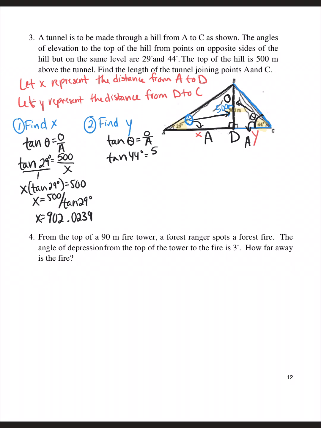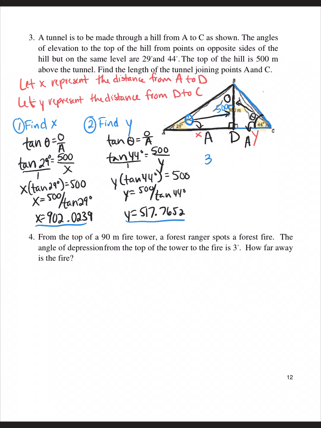Our opposite side is still 500, but now our adjacent side is y. So we'll put that over 1, and then we're going to cross multiply to solve. So we'll divide both sides by the tangent of 44. And we will get that y is equal to 517.7652. So we found x and we found y.